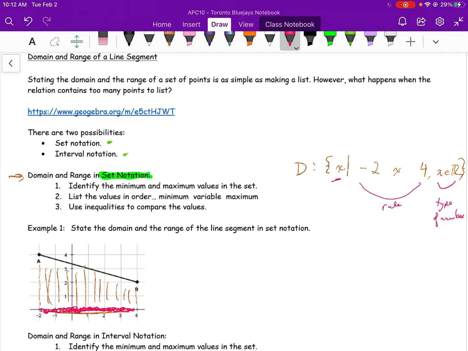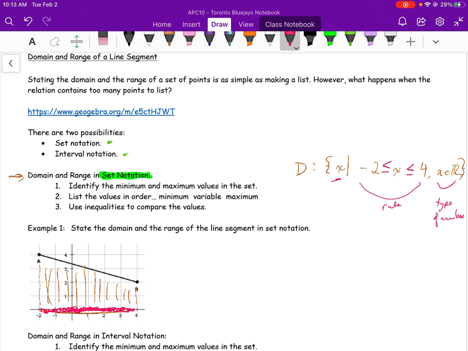So now let's work on a rule. What I'm trying to say is x is between -2 and 4. So the inequality is x has to be greater than. Is it equal to? Yes, it is equal to. So x is greater than or equal to -2, but x is less than or equal to 4.